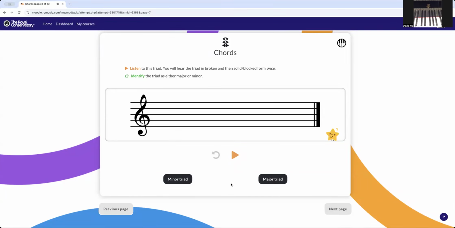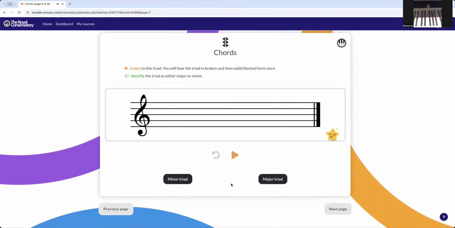How about this one? Okay, everybody's correct. Beautiful.